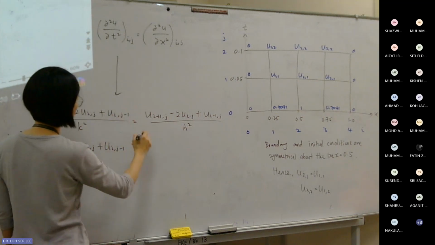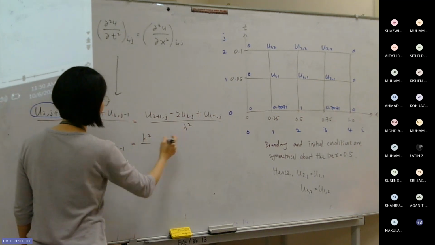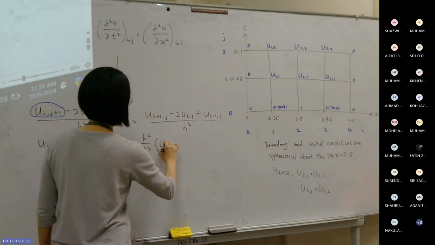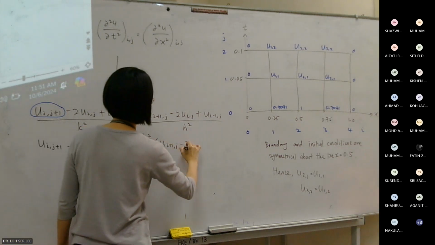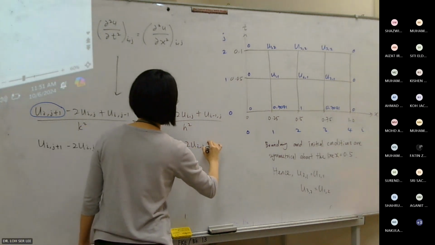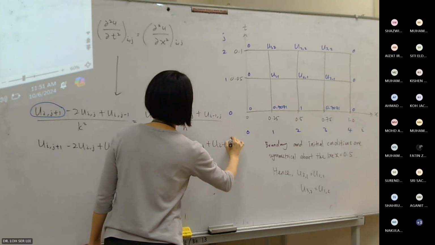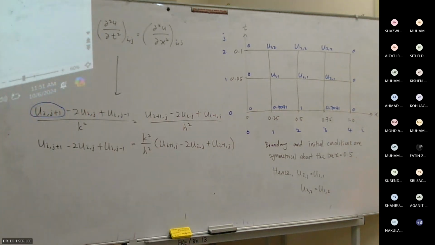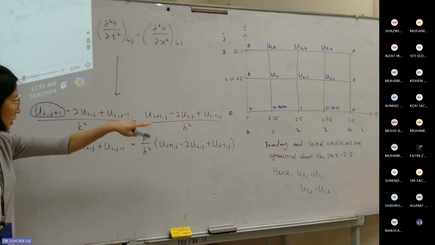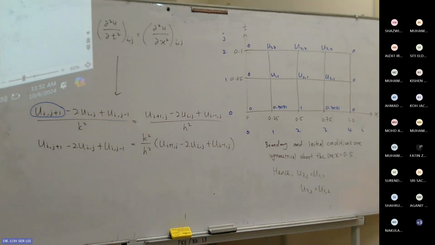That means k squared over h squared. And move this to the right. And at the same time, you can substitute the h and k.